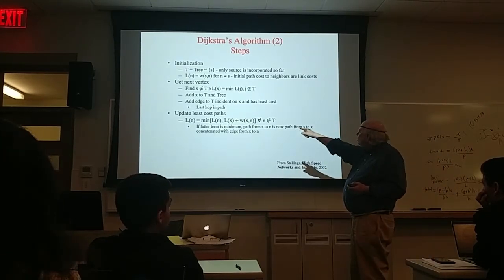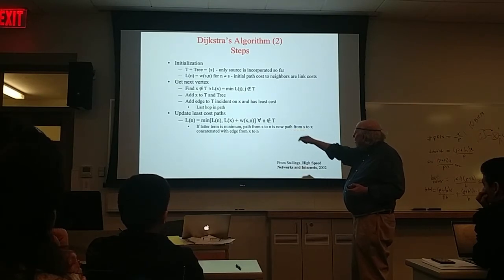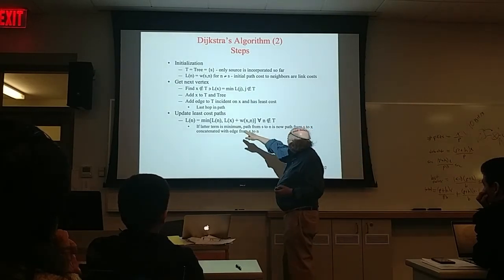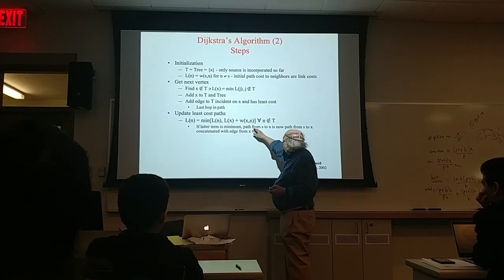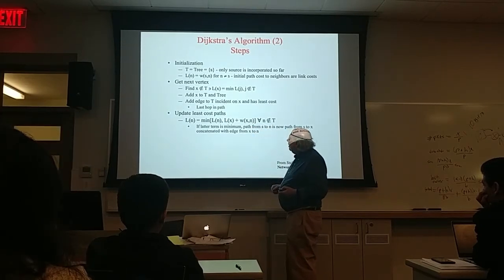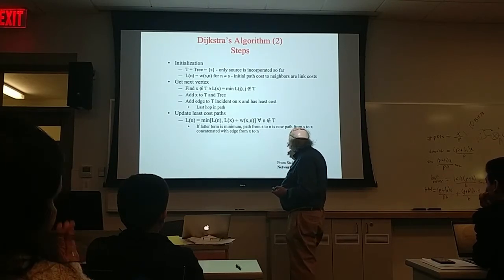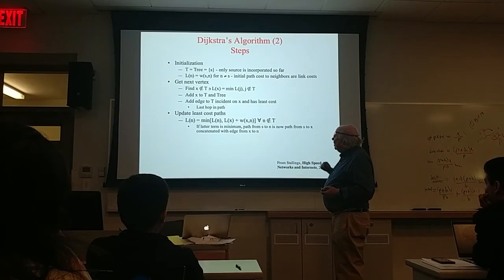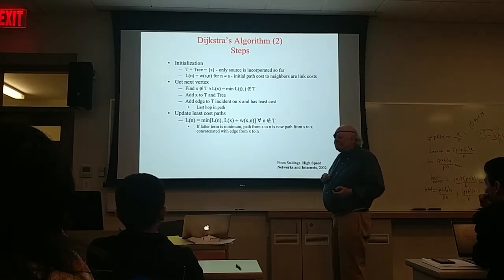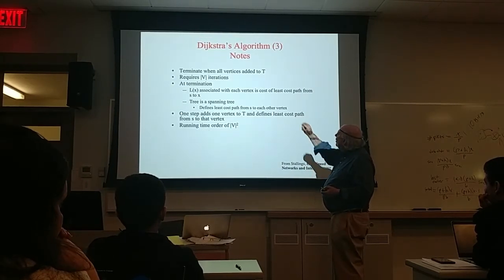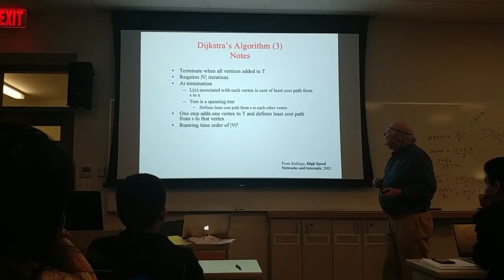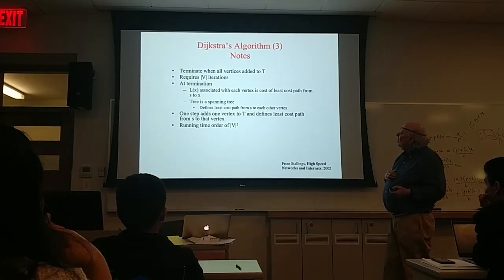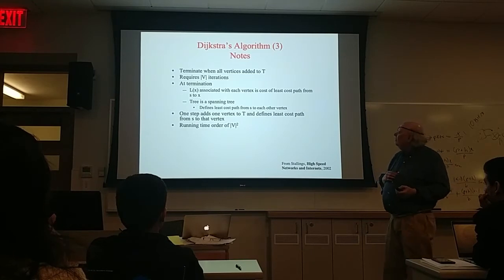But update the least cost path so that L of n is the minimum of what we currently had plus a new one for all n not an element of T. If the latter term is minimum, a path from S to N is now a path from S to X, concatenated with edge from X to N. Terminate when all vertices are added to T, which requires on the order of V iterations, V being the number of vertices.